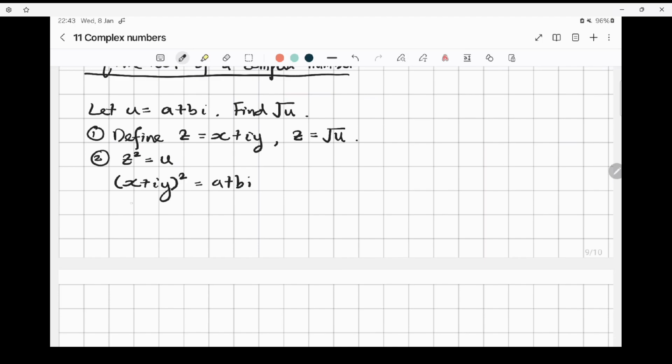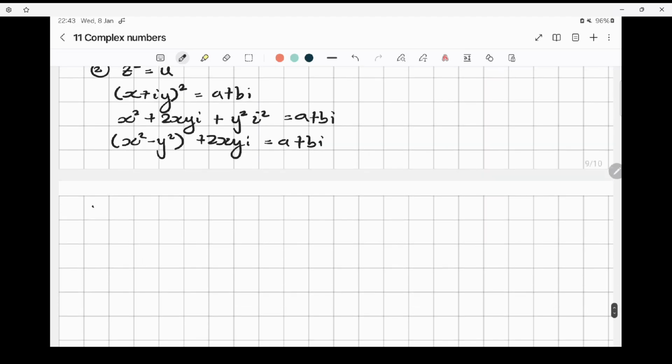Then you have x squared plus 2xyi plus y squared i squared equals a plus bi. Because i squared becomes minus 1, in the end you have x squared minus y squared plus 2xyi equals a plus bi.